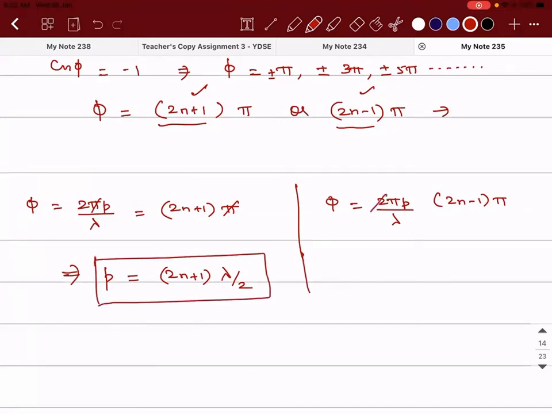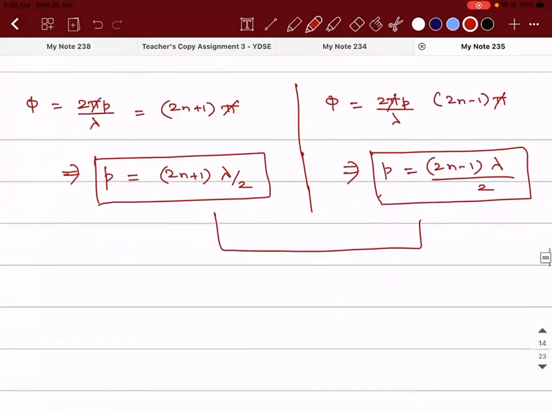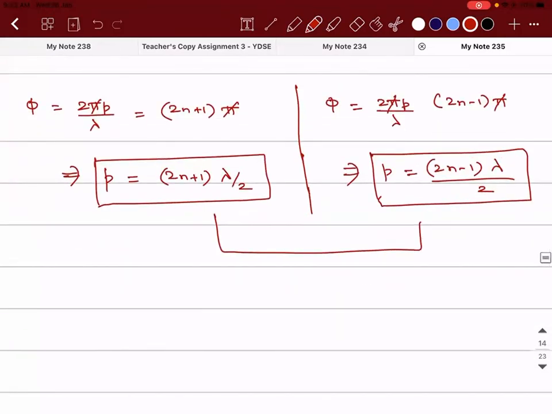And in the second case, pi and pi will get cancelled, which implies p is equal to 2n minus 1 into lambda divided by 2. So this is another condition. So either of them is the condition for path difference for the destructive interference pattern.